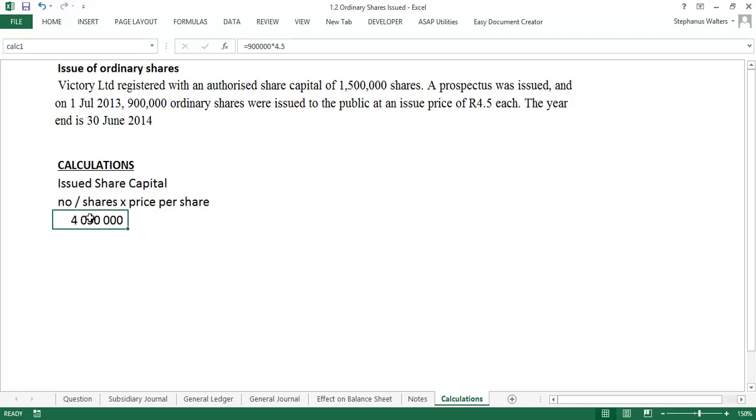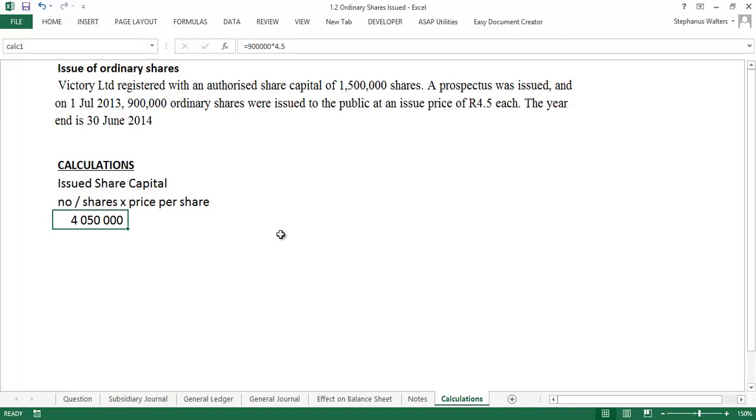That gives me a total of just over 4 million issued share capital that this company can raise with the issue of shares to different shareholders. Now different shareholders have a stake in this company, and the company has obtained financing to the value of just over 4 million rand, so they can go and execute their business plan.